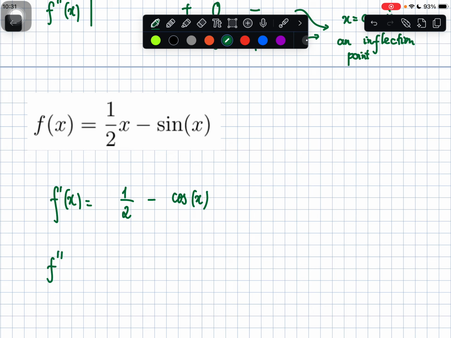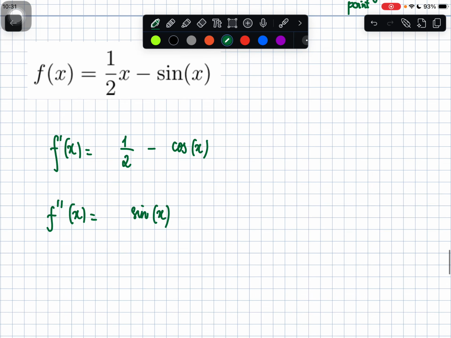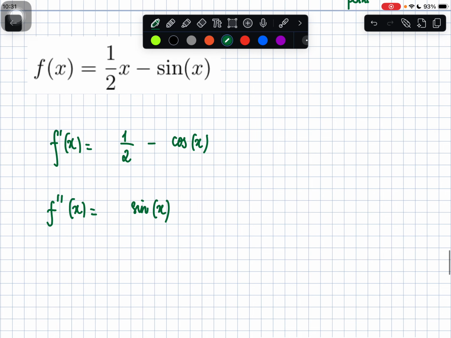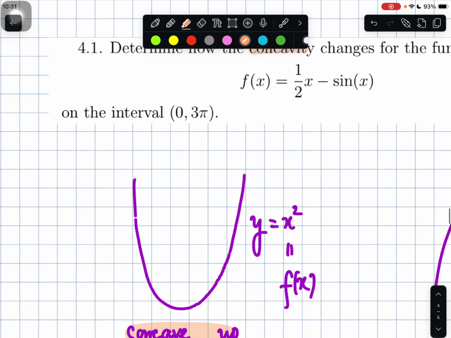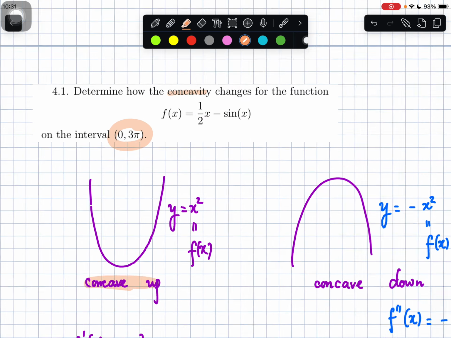F double prime of x, the derivative of cosine is minus sine, so minus, we have plus sine of x. And now we need to look at x from 0 to 3 pi. So the question only asks us to consider the interval 0 to 3 pi.